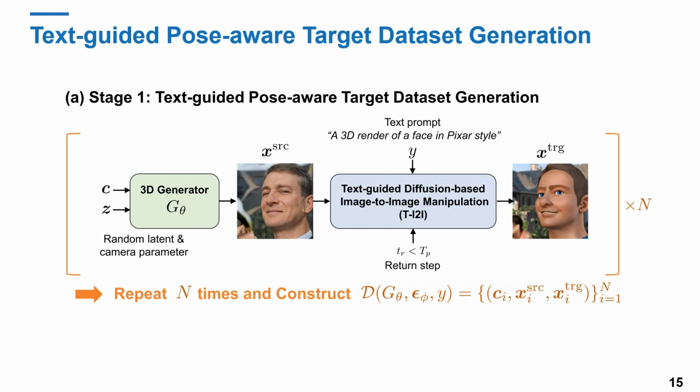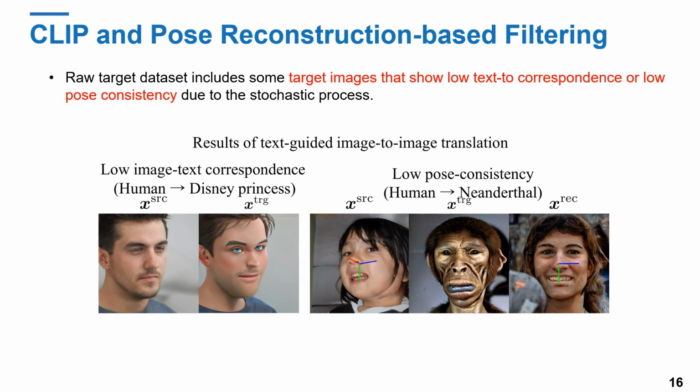Then, we create images in the target domain with preserved poses through text-guided image-to-image manipulation. By repeating this n times, we construct a raw dataset consisting of sets of camera parameter, source image, and target image. Due to the highly stochastic nature of the text-to-image diffusion model, the raw target dataset includes some target images that show low text-image correspondence or poor pose consistency.